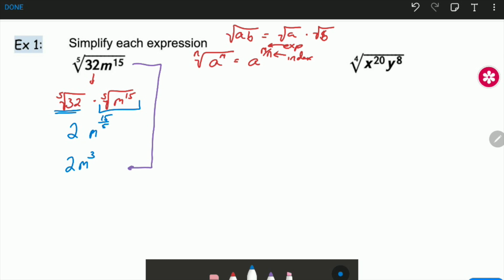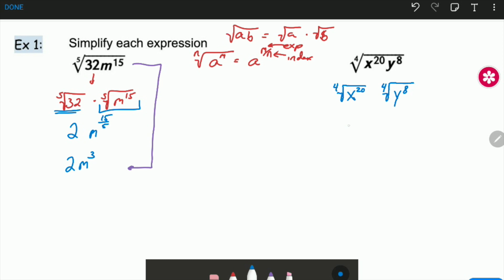So same thing here. Since they're both variables, we want to check to see if our exponent here is divisible by our index. Well, 20 indeed is, and so is 8. So if we separate it, we have the fourth root of x to the 20 and the fourth root of y to the 8th.